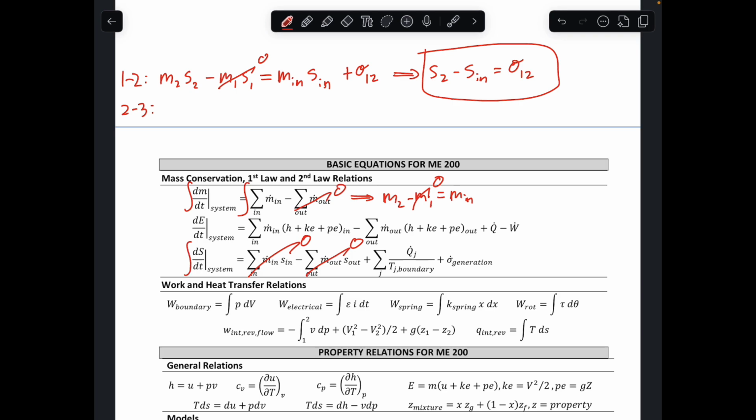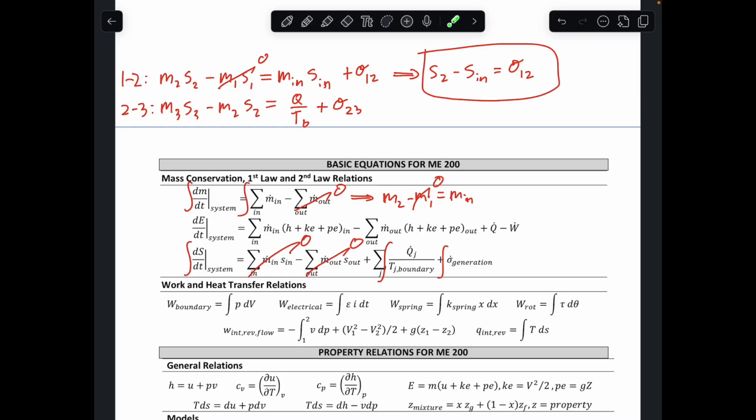If we integrate all of the terms again, the heat transfer term and the entropy generation term, we'll get now m3 s3 minus m2 s2 should be equal to Q over T_B plus that sigma from 2 to 3.